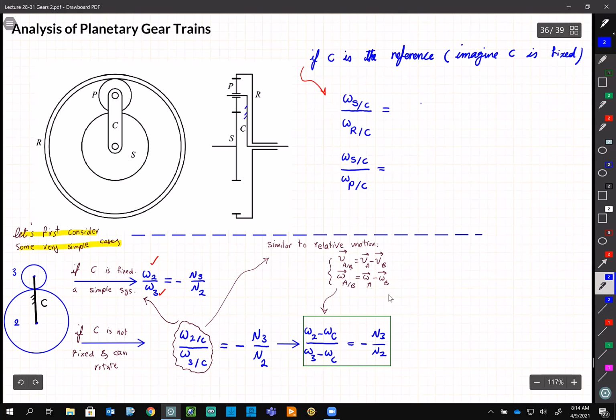So C is fixed, right? If it's difficult for you to visualize it, imagine that now, because C is fixed, it's a link that we can even cut and remove this part.